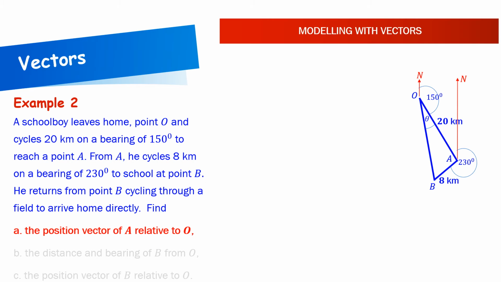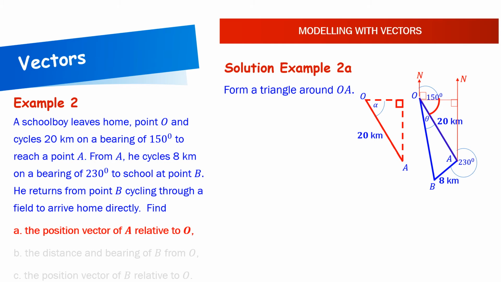In 2 part A, we are required to find the position vector of A relative to O. So let's solve this. First, form a triangle around OA, as shown. We've positioned this separately so that we can do our calculations on this triangle.